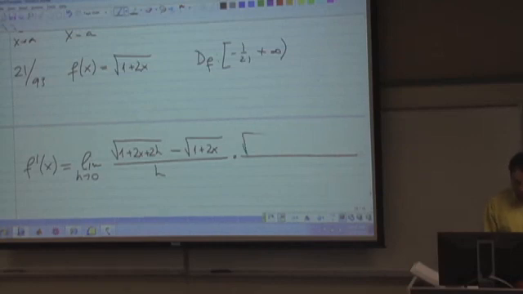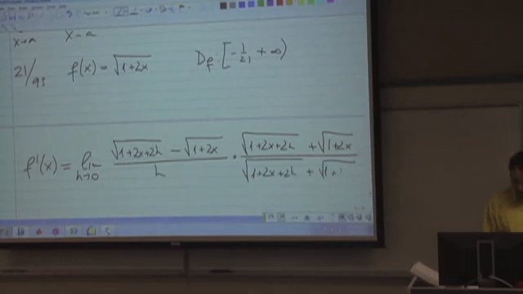Multiply by the conjugate. The square root of 1 plus 2x plus 2h plus the square root of 1 plus 2x, divided by the square root of 1 plus 2x plus 2h plus the square root of 1 plus 2x.